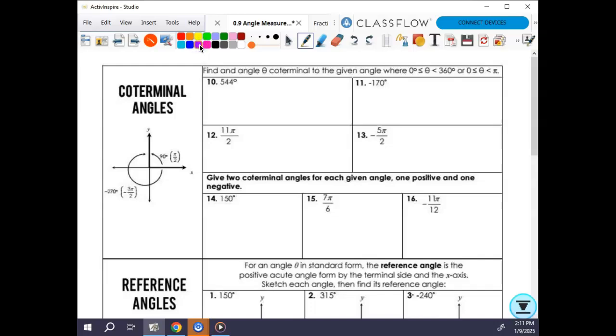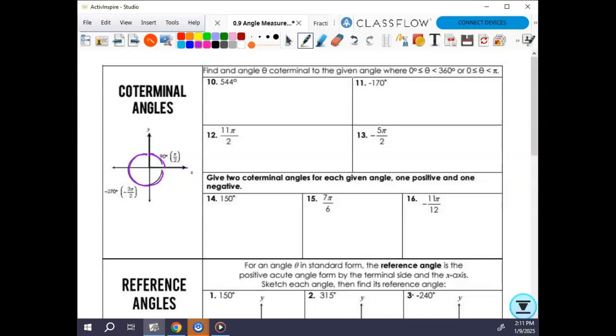Okay. So, like I said, if I start here, I can go positive and get here, or negative. There are an infinite amount of coterminal angles with this angle, because I can just keep making laps around the circle. Right? So which means for degrees, I just keep adding 360 or subtracting 360 if I'm going the other way.